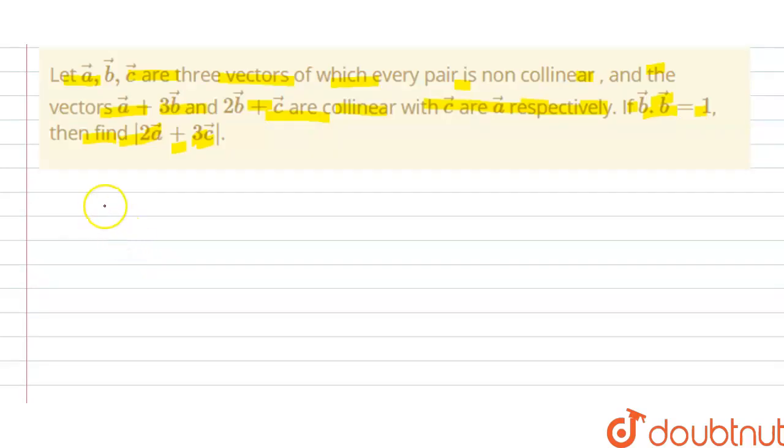So the solution of this question is: we have to find the magnitude of 2a vector plus 3c vector, and we are given that b dot b is equal to 1.